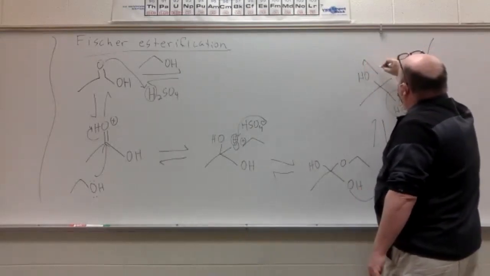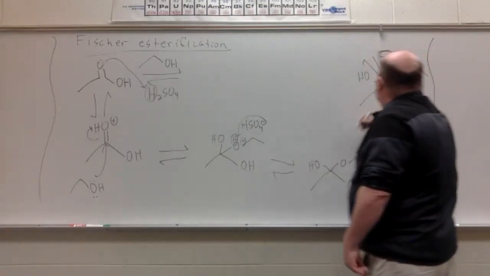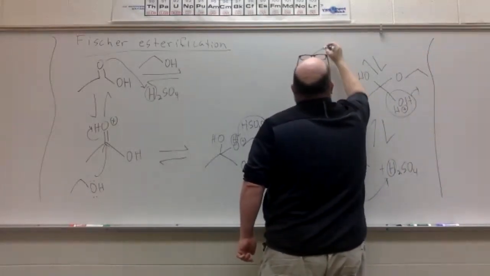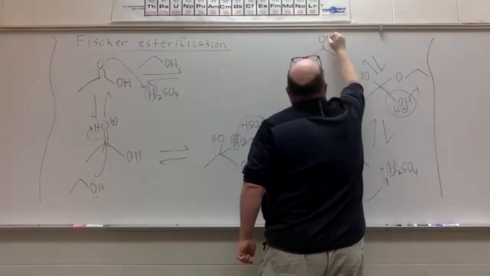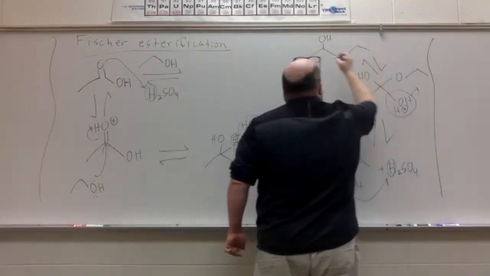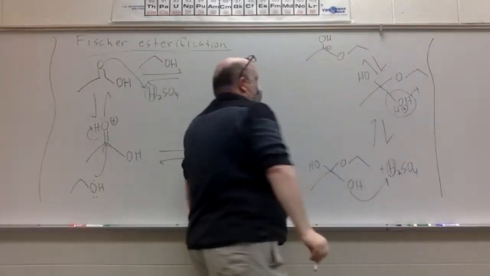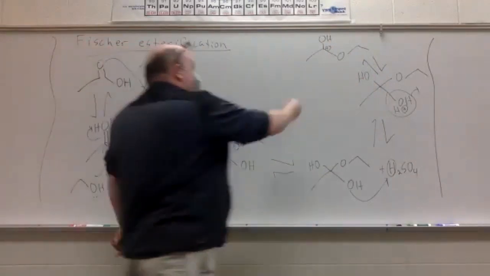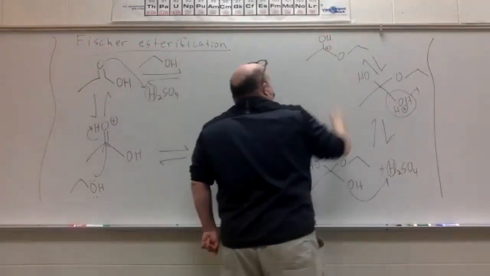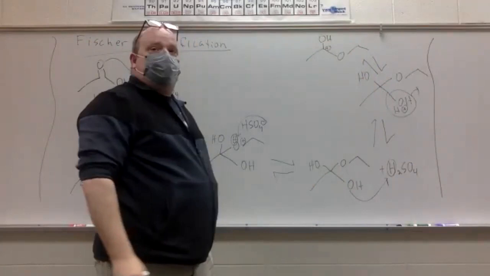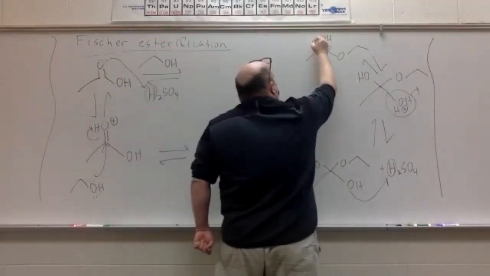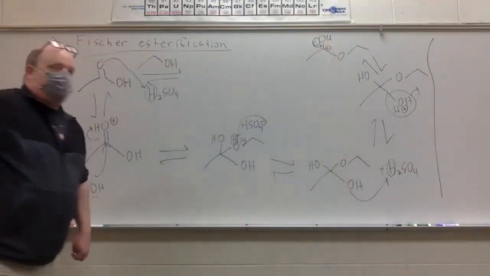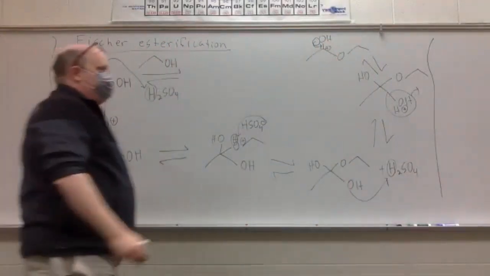Try to maximize my board space here. All right, so that leaves you a carbocation. Now, like we've seen before in one of our other mechanisms, we can actually draw a resonance structure here. You can draw a resonance structure by having this pair of electrons come down, form a carbon-oxygen double bond.